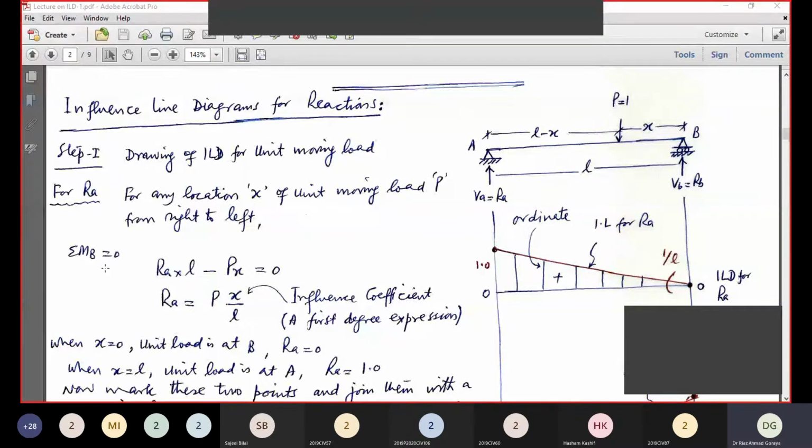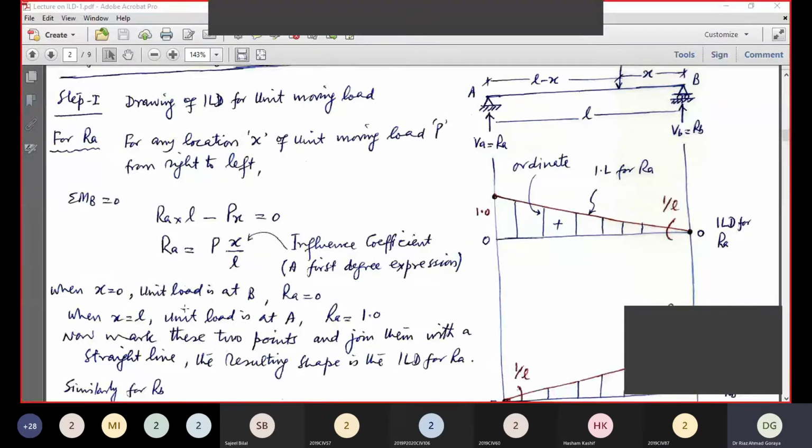RA into L minus Px is equal to 0. This is our routine calculation. We get RA is equal to P into x over L. Now this x over L, we call it influence coefficient. A first degree expression. P is the unit, that is 1.